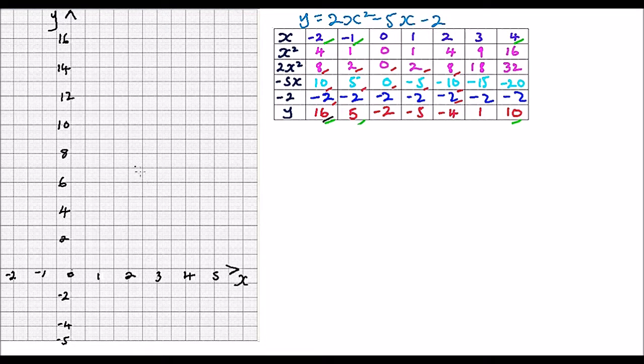So we now mark our points. When x is minus 2, y is 16. So at minus 2, we go up to where we have 16 and make our mark there. When x is minus 1, y is 5. So minus 1, 5 is there. When x is 0, y is minus 2. When x is 1, y is minus 5.